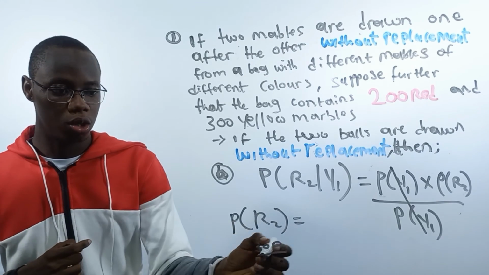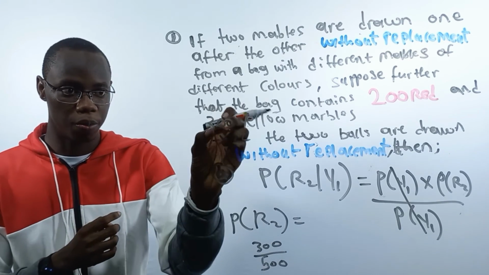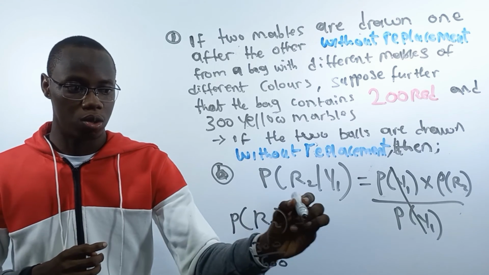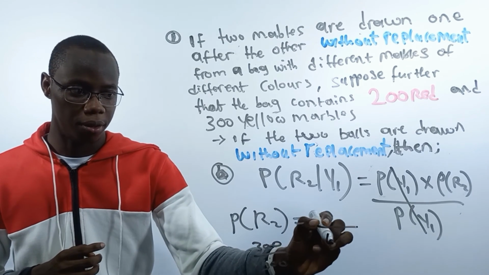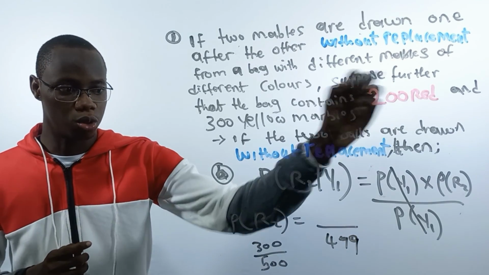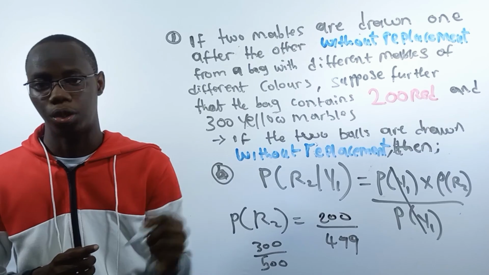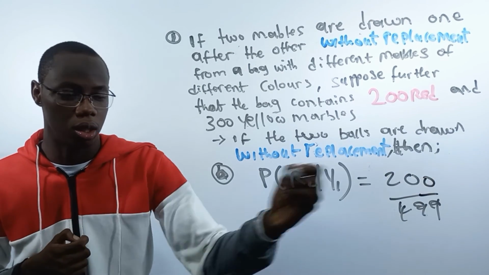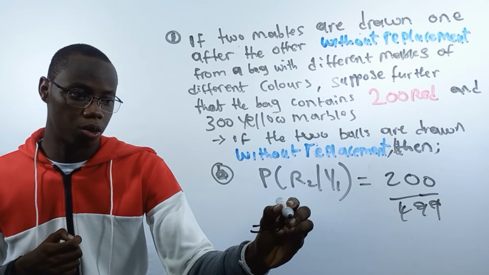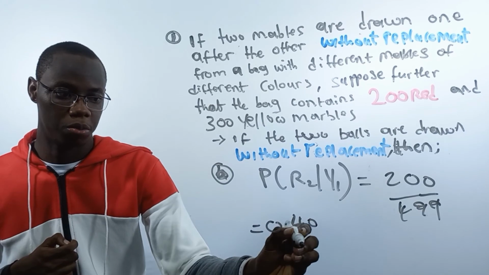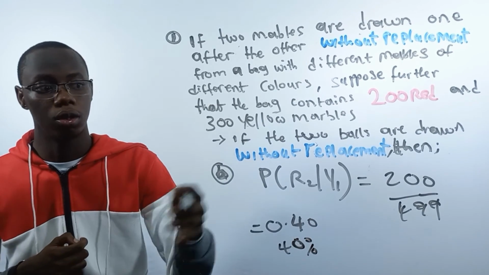But the total has reduced because we've picked yellow at first, so that's the probability. So the new total will now be 499, and the probability of picking red was untouched, so it's still 200. So the answer will be 200 over 499, or 0.40. So that means we have a 40% chance of this occurring.